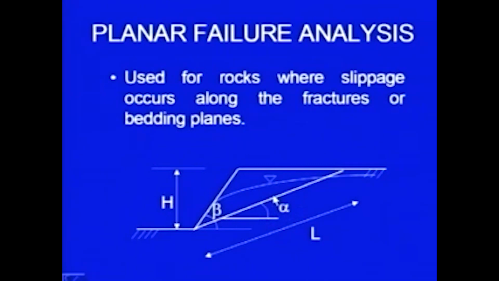The analysis is simple, as we did for the other cases. We are going to consider this particular mass, and in the present case it's not an isotropic medium, it's an anisotropic medium. This is the weakest link and it is going to fail over this. Our assumption is that sliding is going to take place on this plane.